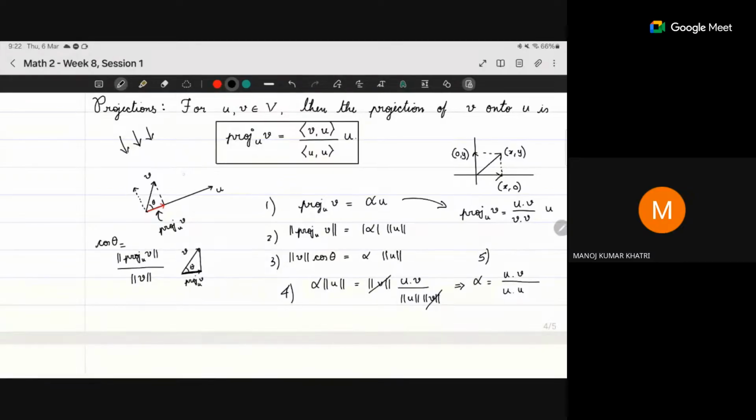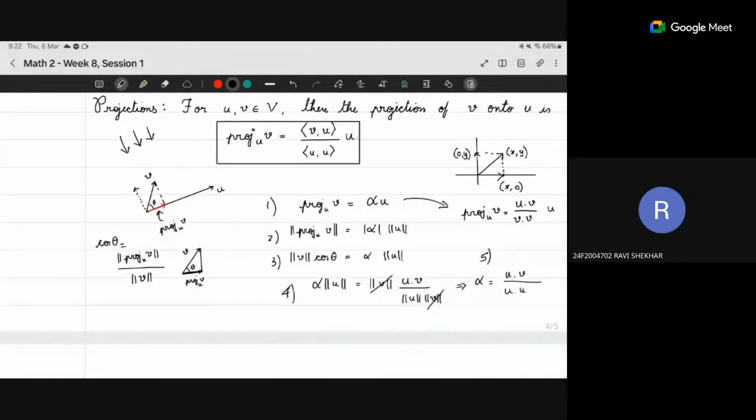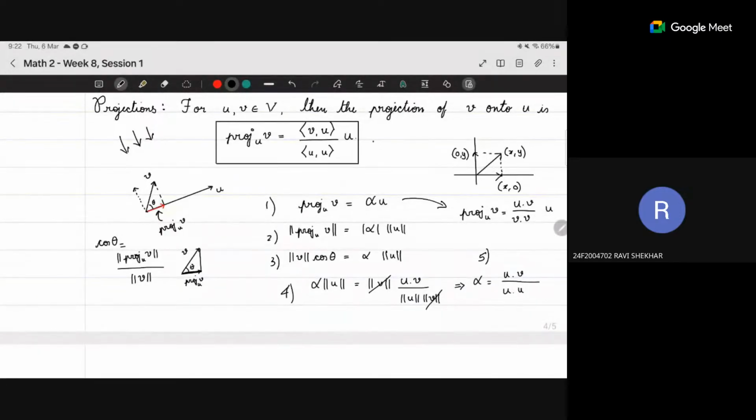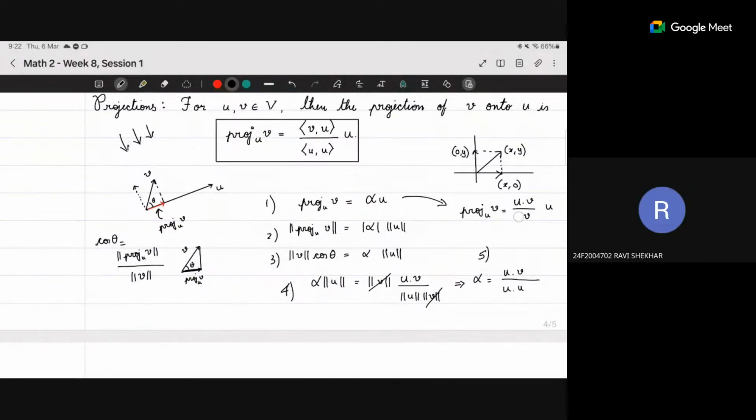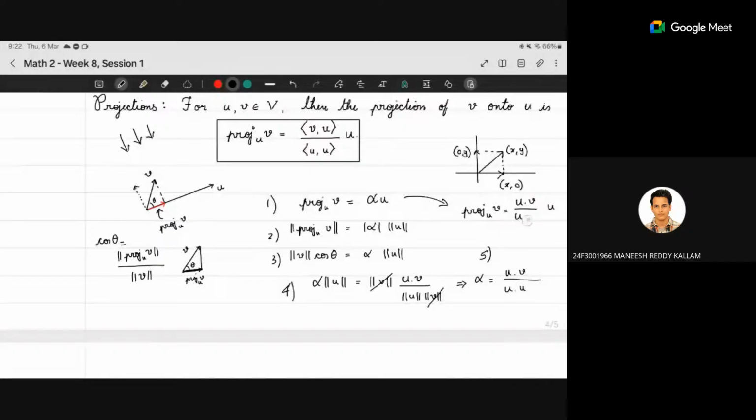Just above the fifth point, you have written it. Yes, okay, sir, that was a typo. Yeah, thanks for that.